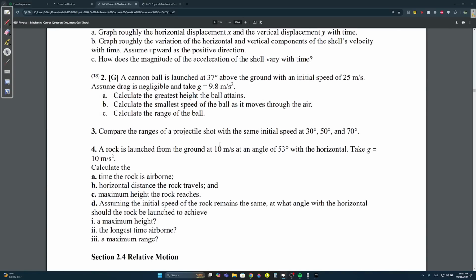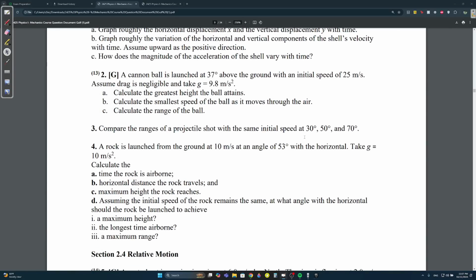Question 3. Compare the ranges of a projectile shot with the same initial speed at 30 degrees, 50 degrees, 70 degrees. Range is equal to the same formula I just used, v naught squared sine 2 theta over g. As theta approaches 45 degrees, the range approaches the highest range, because when theta is 45 degrees, sine of 2 times 45 is sine 90, which is 1.